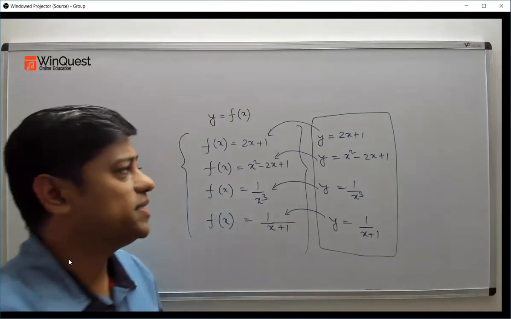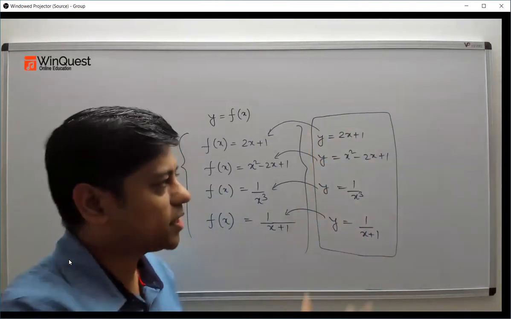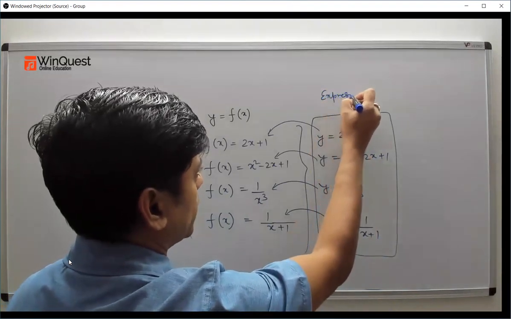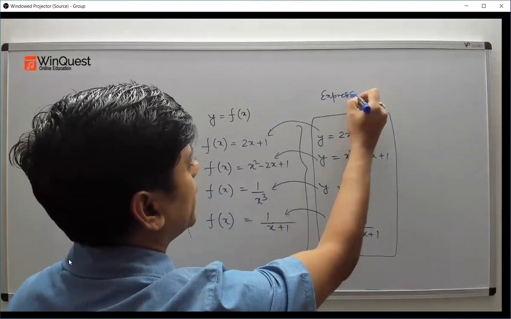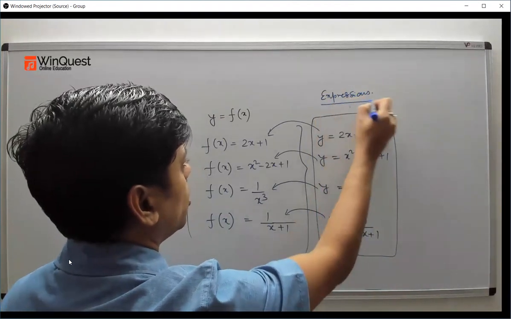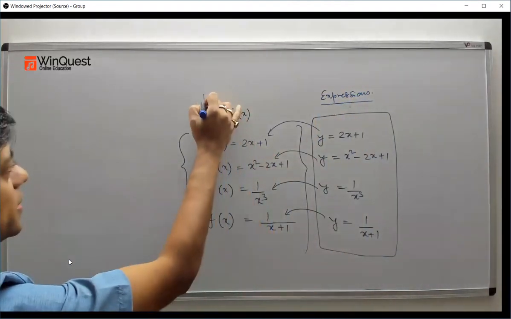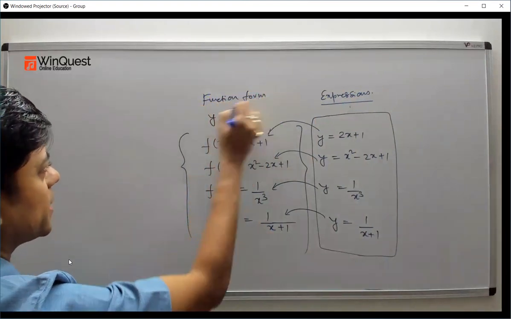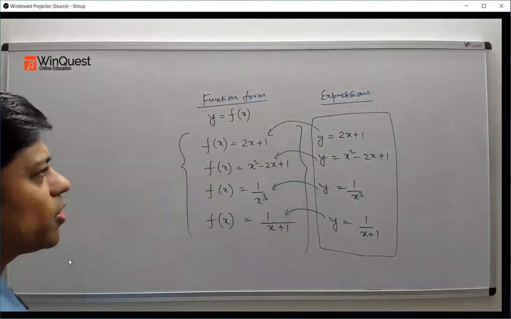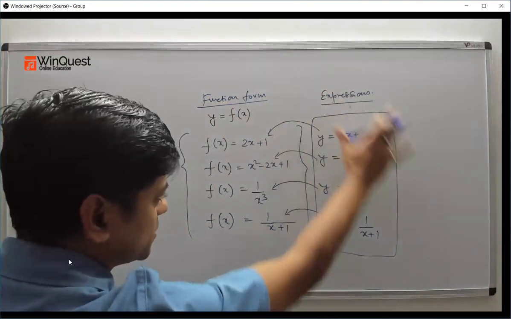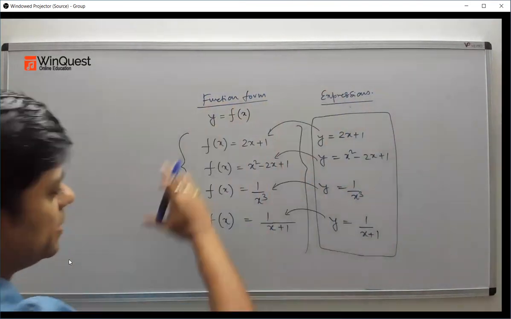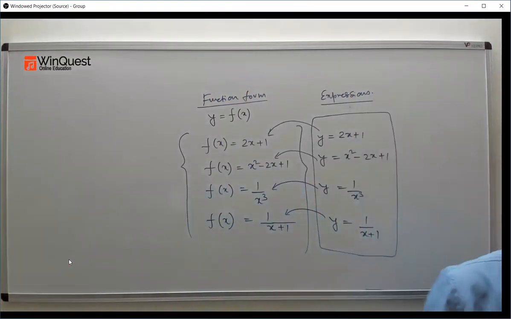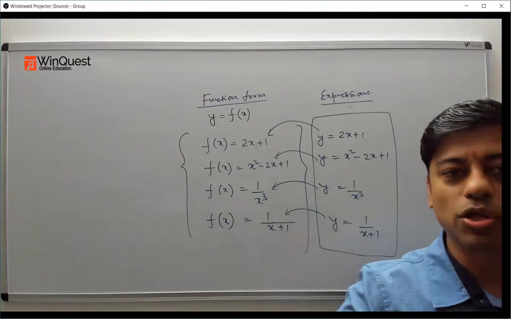Can each of these expressions, this is what is called an expression, these are generally algebraic expressions, and these are written in function representation actually. So is it possible that all of these expressions that we are seeing here on the right hand side can be written in their function form or not? That is the first basic thing that we need to understand. Am I clear on the question, please?